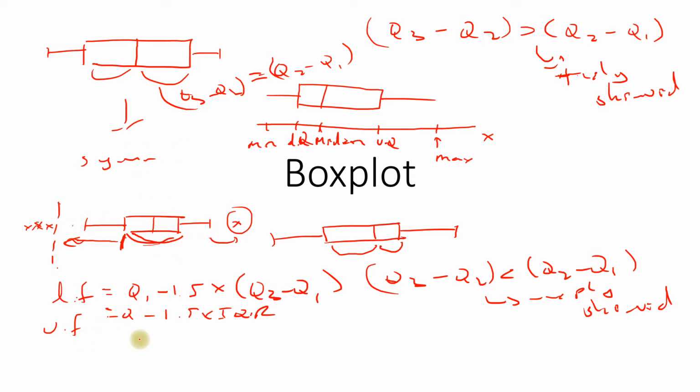And then for the case of the upper quartile, if you have noted what I've done, the upper fence would be equal to the upper quartile plus 1.5 times the interquartile range.